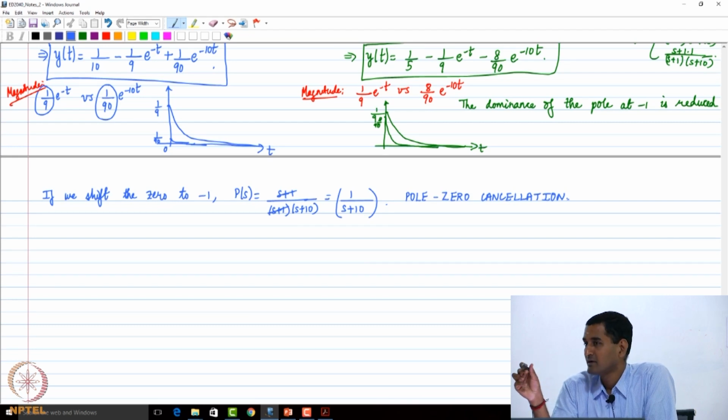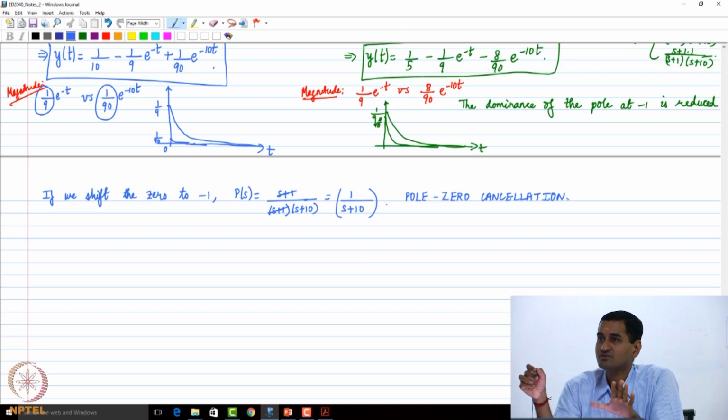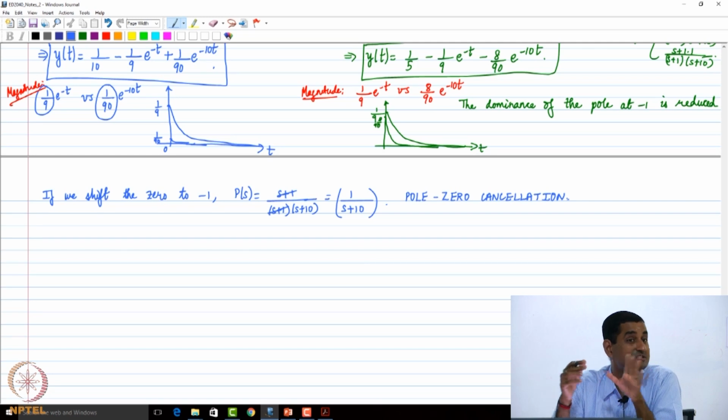But we'll shortly see, when we start with the design and analysis process, that this is something which we don't use typically. It doesn't matter even if you want to do a pole 0 cancellation in the left half plane. Certainly we should not use this when we are dealing with poles in the right half of the complex plane. We will certainly not do such pole 0 cancellations. We will see why.